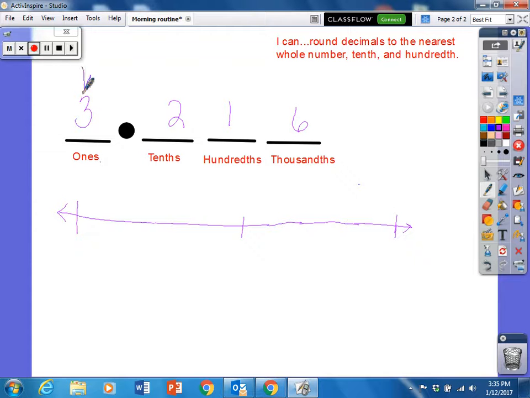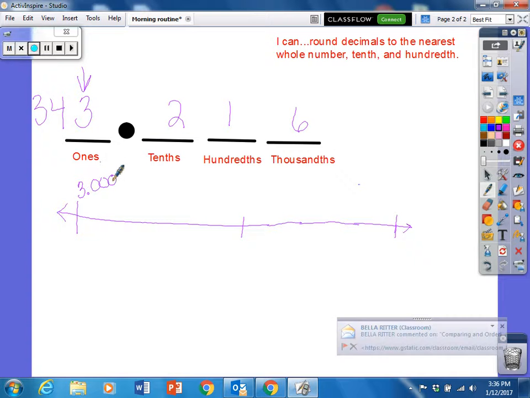So here's my whole number. Anything to the left of the decimal would be my whole number, but when I say whole number, I always mean the ones place. Even if it's 343 and 216 thousandths, it's always just this ones place. That's the digit we're going to be looking for. So my ones is a 3, so that's where I'm going to start. And again, I'm going to fill in all my zeros for my tenths, hundredths, and thousandths.